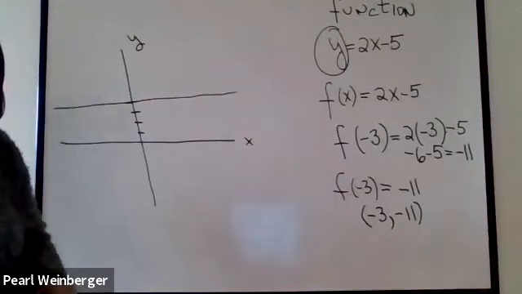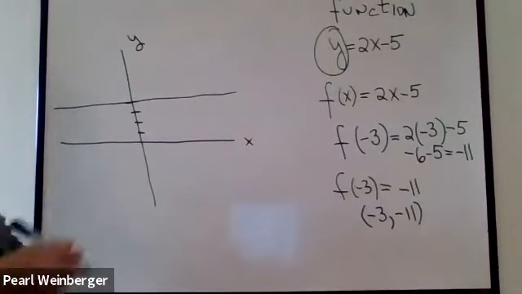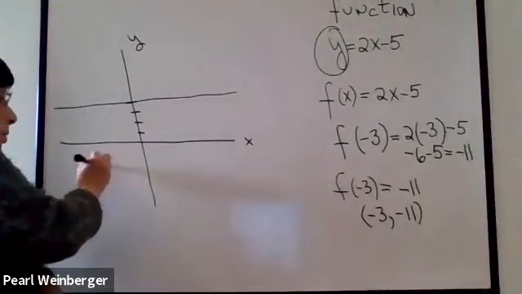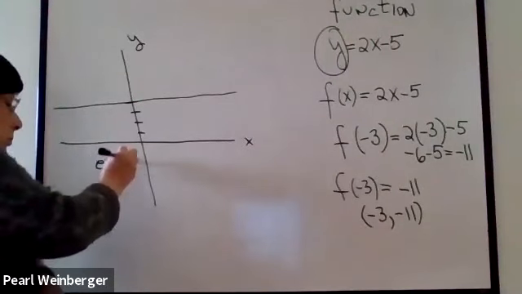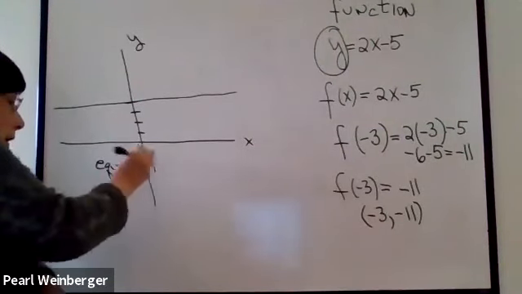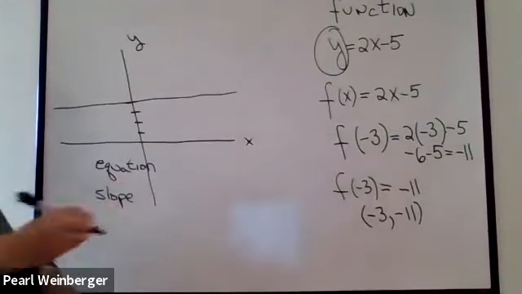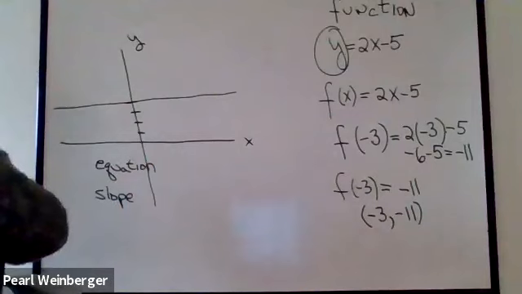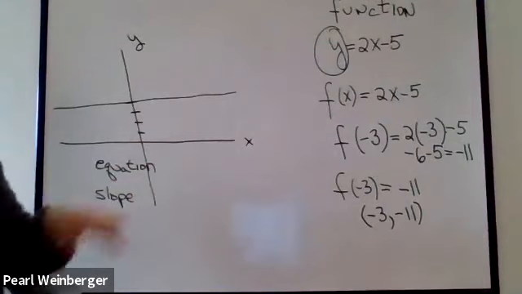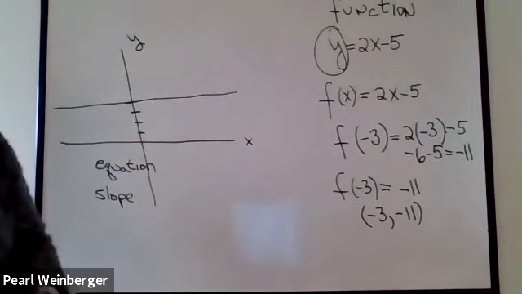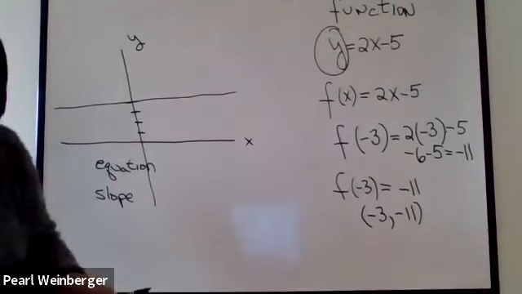What I'd like you to think about is, what is the equation of the line? And what is the slope of the line? This is one of our special lines. It's a horizontal line. What is its slope? What is its equation? Anybody have an answer for me?